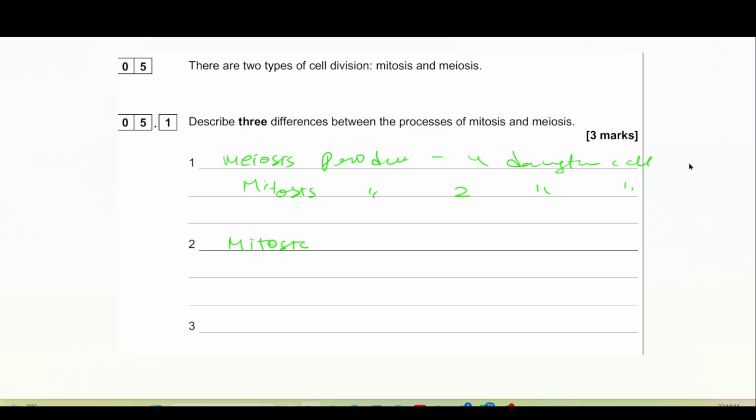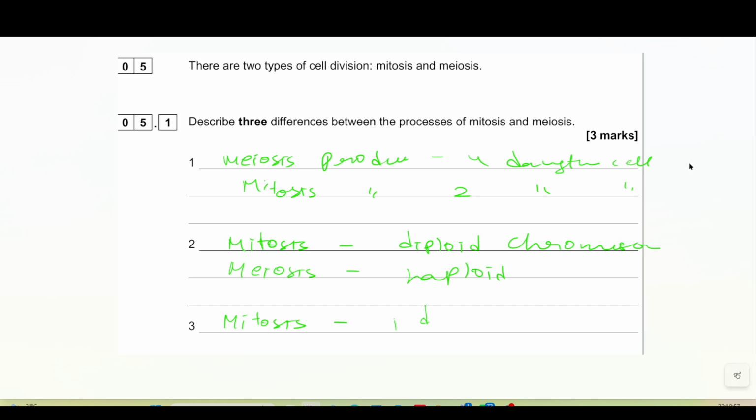In mitosis the daughter cells are diploid, and meiosis is haploid.